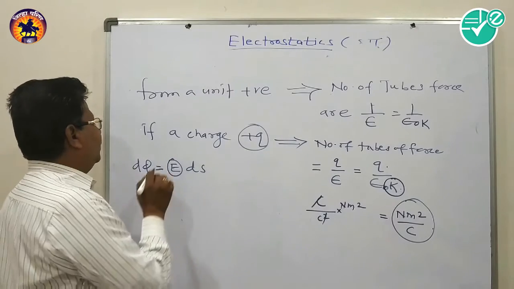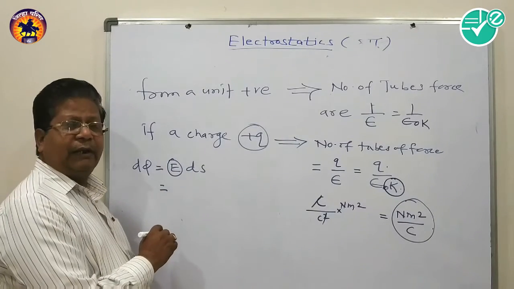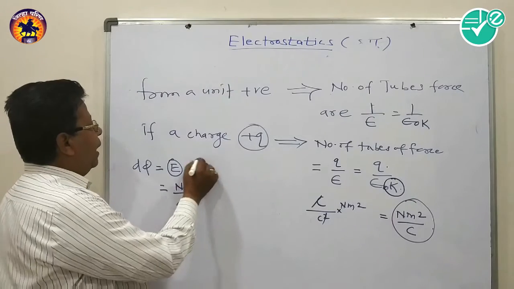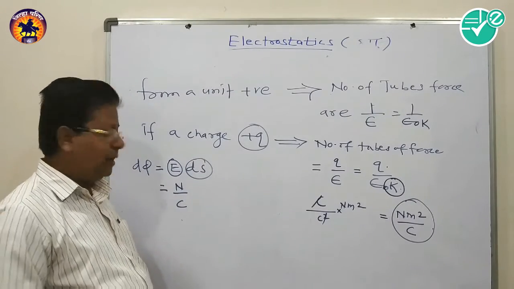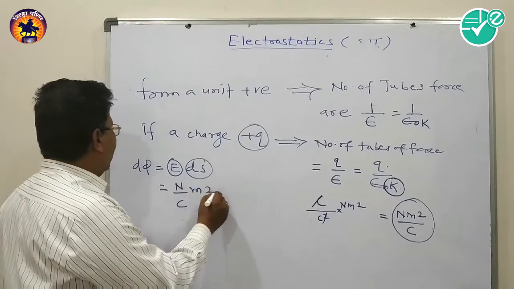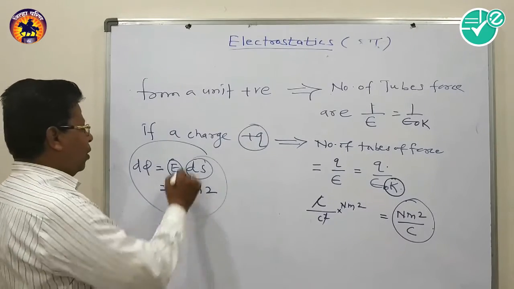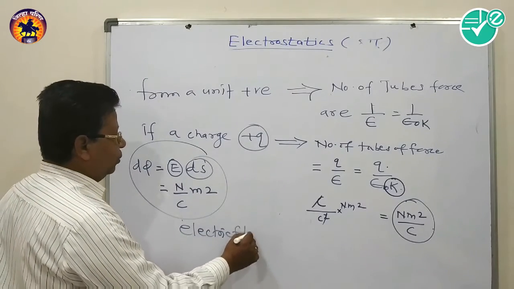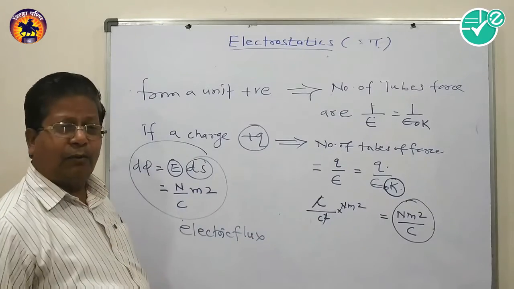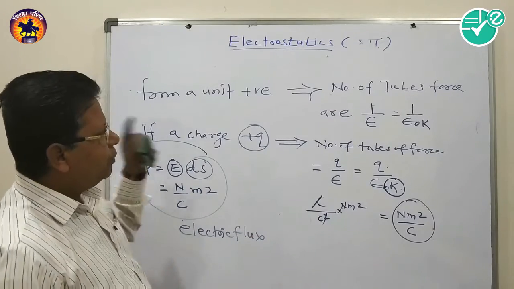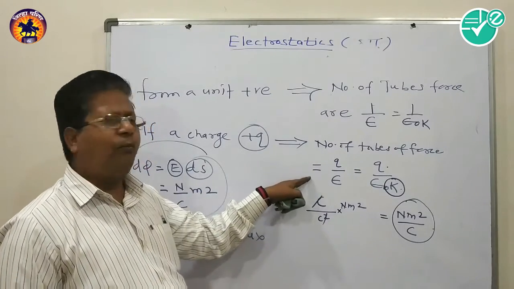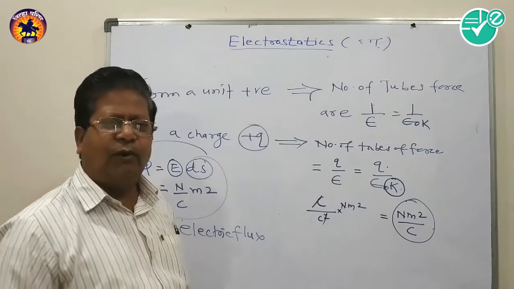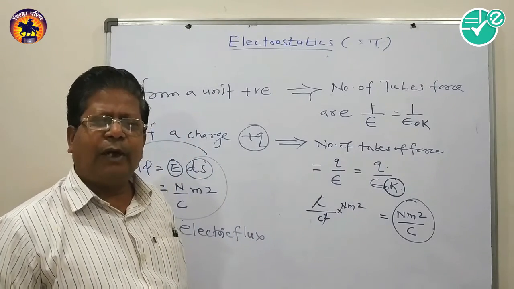The SI unit of electric intensity is newton per coulomb, and the SI unit of area ds is meter square. So the SI unit of electric flux is newton meter square per coulomb, and again the SI unit of the number of tubes of force originating from the given charge is also newton meter square per coulomb.